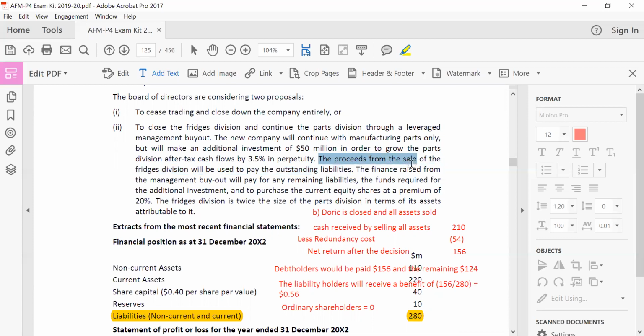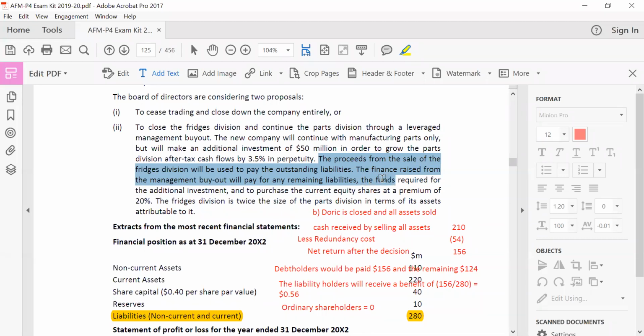The finance raised from the management buyout will pay for any remaining liabilities. So we estimate any remaining liabilities. It never ended there.